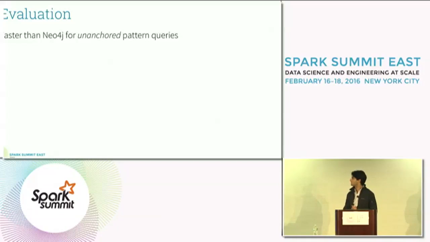So the first thing we did was to compare against Neo4j, which isn't really designed for this kind of global pattern query. Rather, it's more intended for the case where you have a single particular vertex that you care about, and then you want some pattern originating from that vertex.